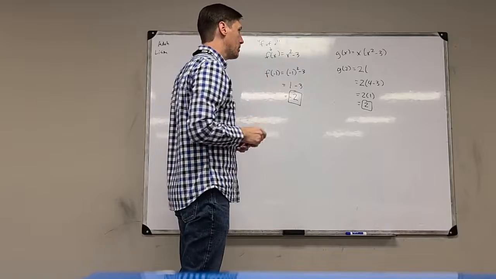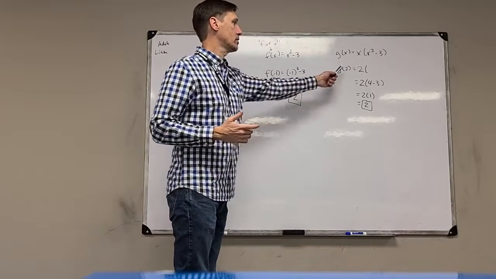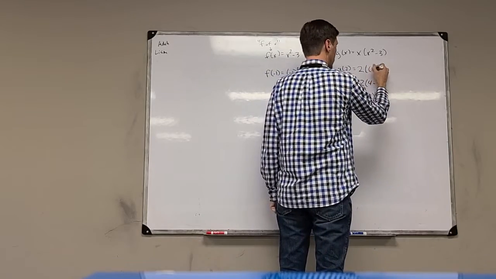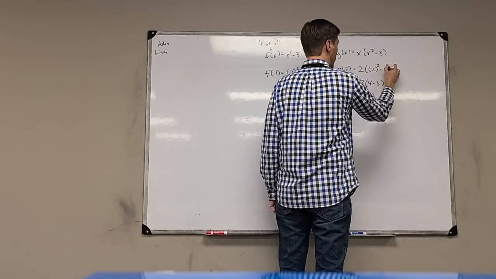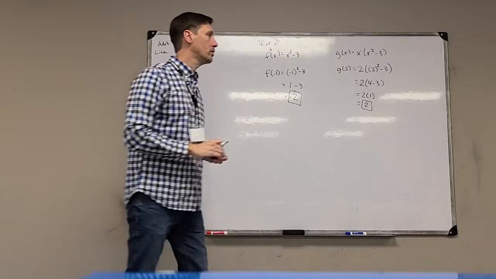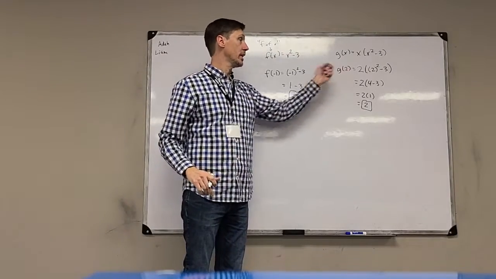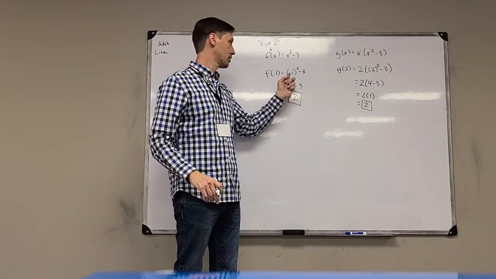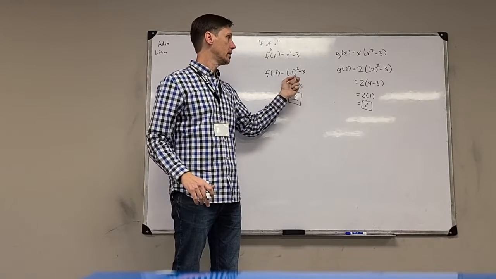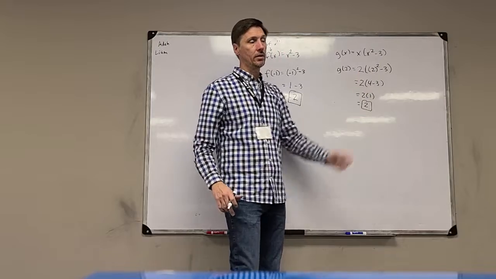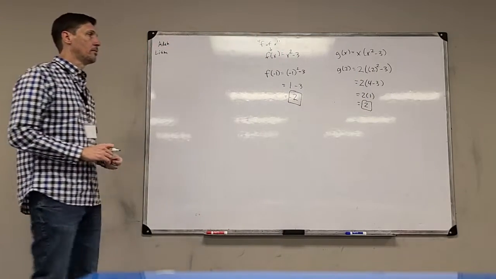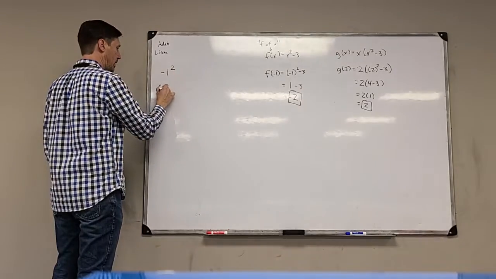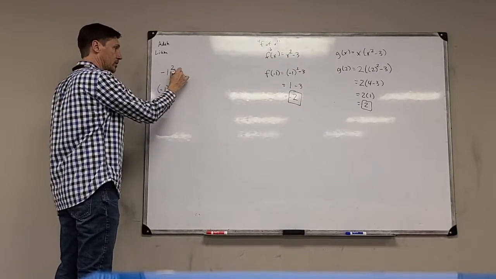The only reason why is because if there's a negative sign in here like there was right here, putting it in parentheses makes it clear that we're squaring the whole thing, right? In this case, it would have mattered that it was in parentheses, because remember, negative 1 squared is not the same as parentheses negative 1 squared. What's this?